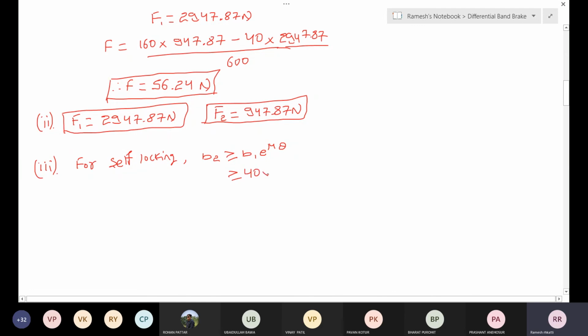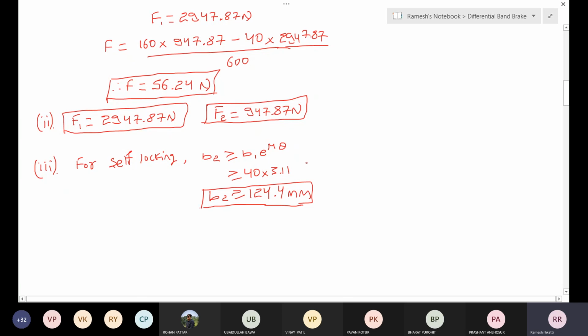B1 is given as 40, and e raised to mu theta you calculate as 3.11. From this, the B2 value you will obtain is 40 into 3.11, which is 124.4 mm. This is the B2 value.